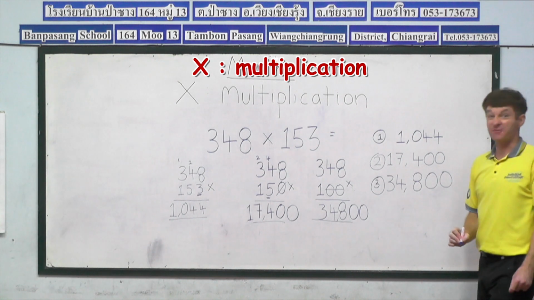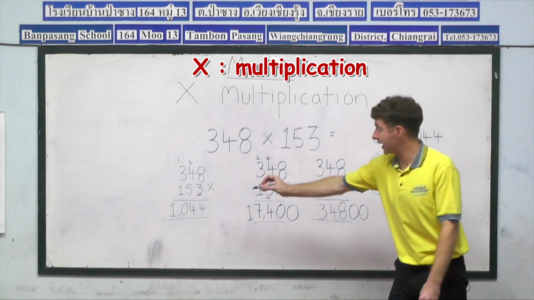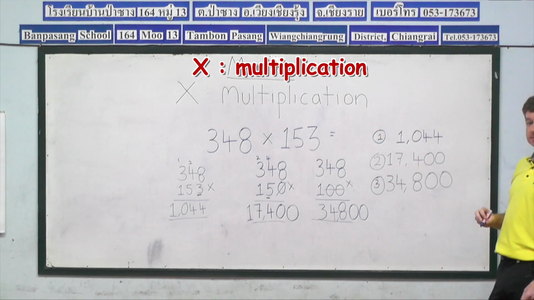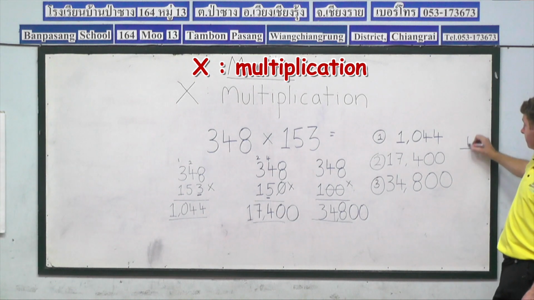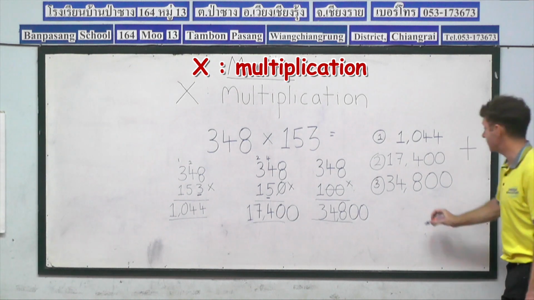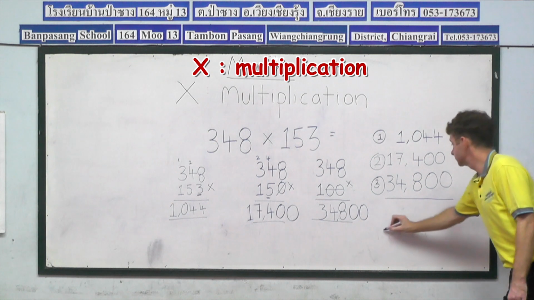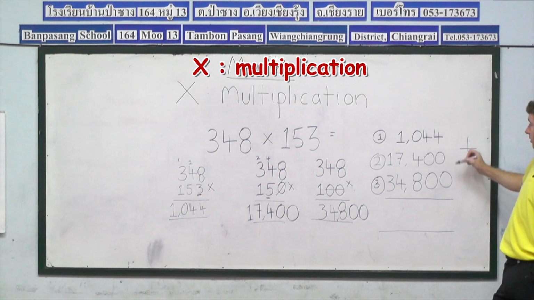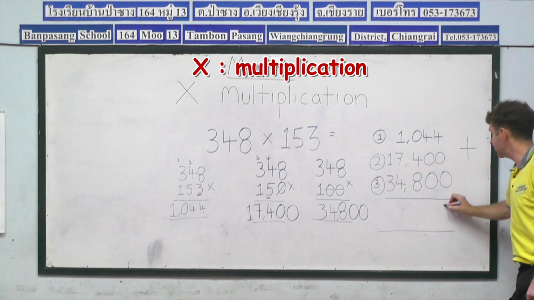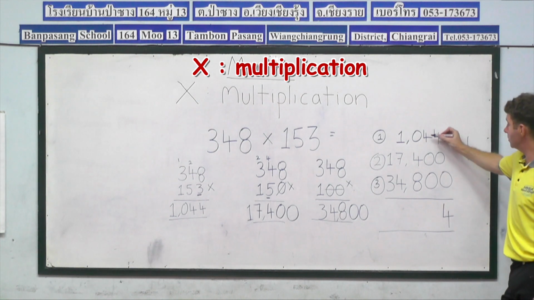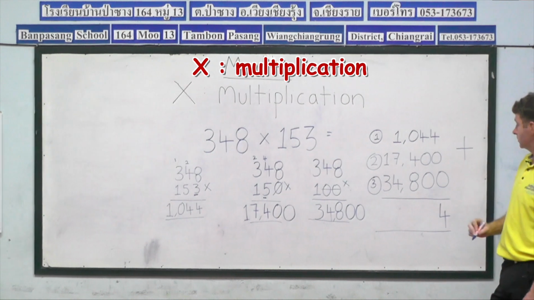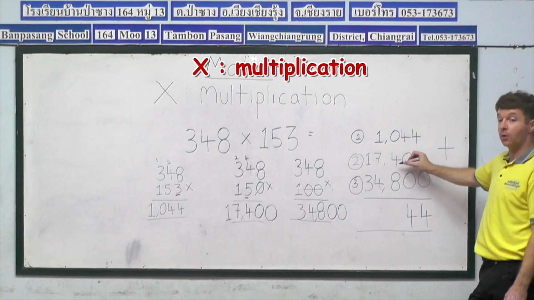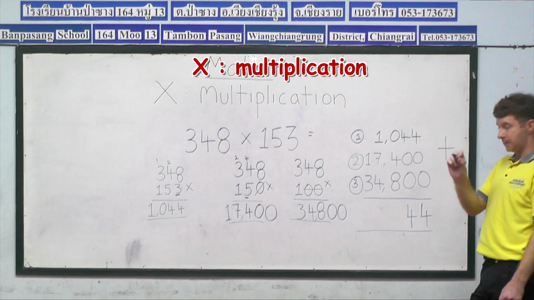Okay, so finally we're at the end of our multiplication tables. Now, what do we need to do with our 3 answers, guys? Plus, we need to add them together. So let's add them all together. 4 plus 0 plus 0 equals 4. 4 plus 0 plus 0 equals 4. 0 plus 4 plus 8 equals 12.